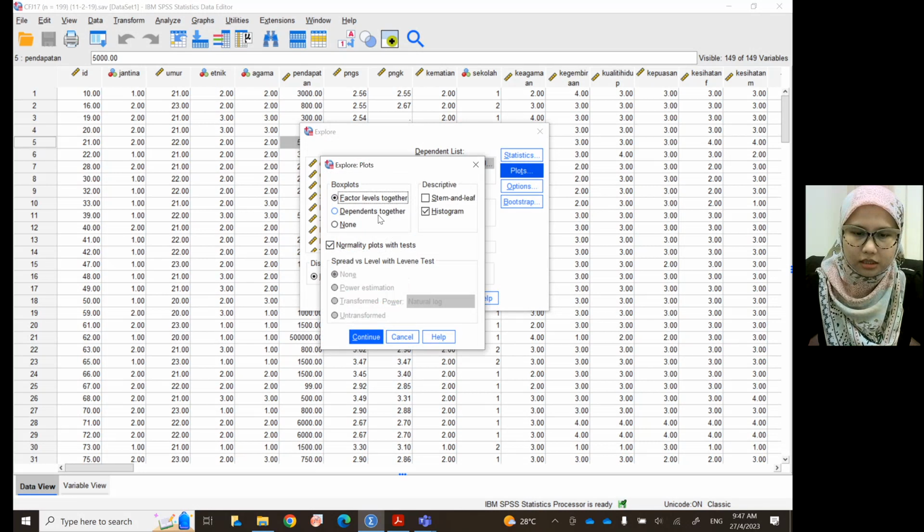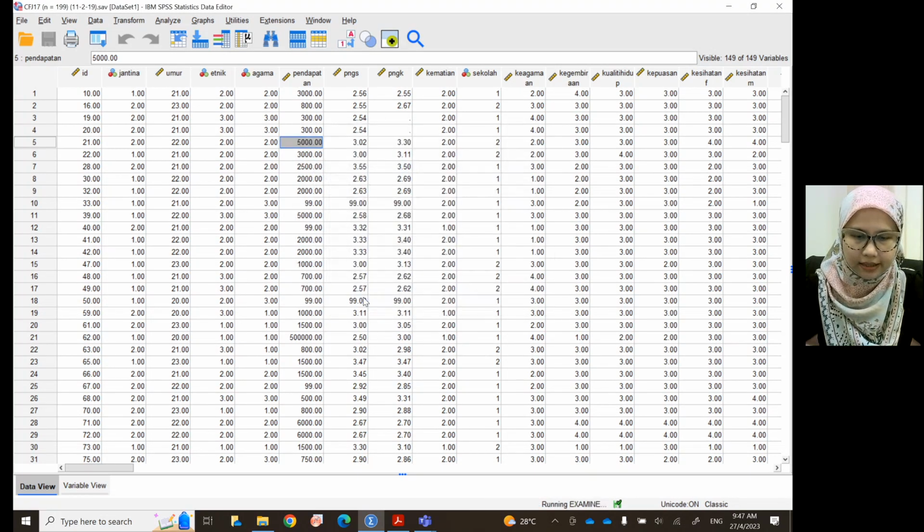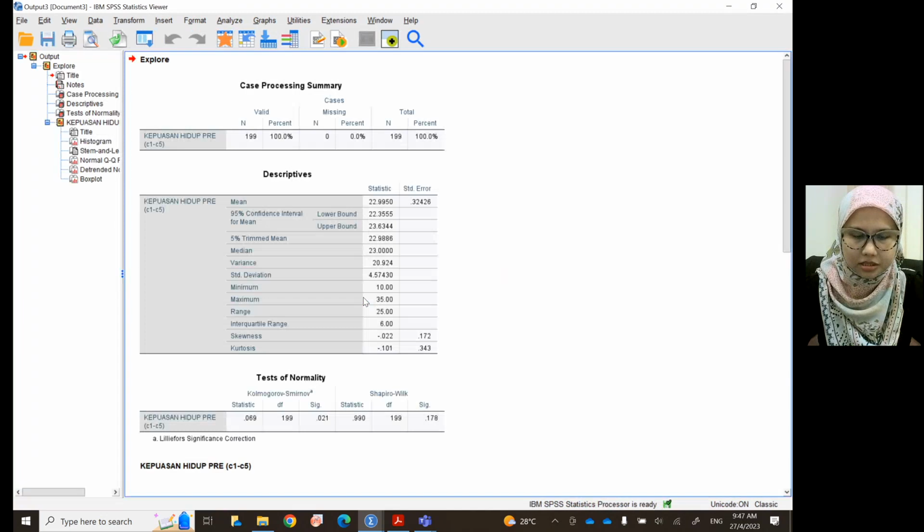For this, you need to click on these three: stem-and-leaf, histogram, and also normality plots with tests, because you need to know whether your data is normally distributed or not. Once you have clicked these three, you continue and then click OK. Just going fast because we have learned this before, just to recap. So this is your output for your normality test just now.